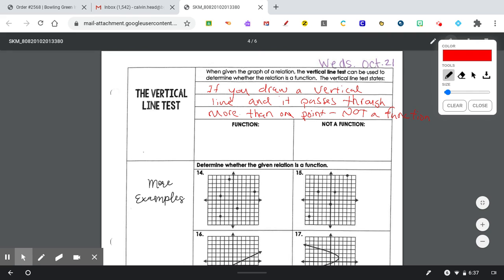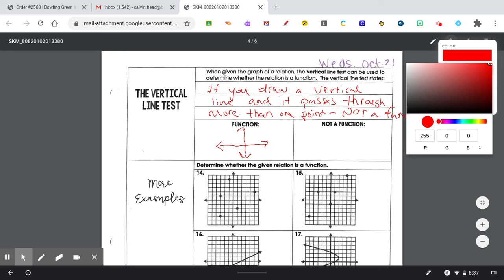An example here, if this was a graph, and I had a line, then yes, that would be a function.